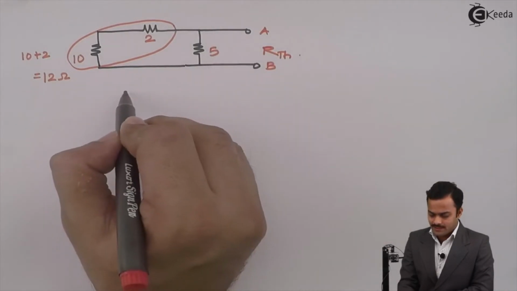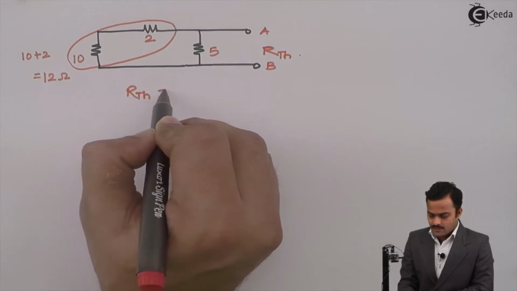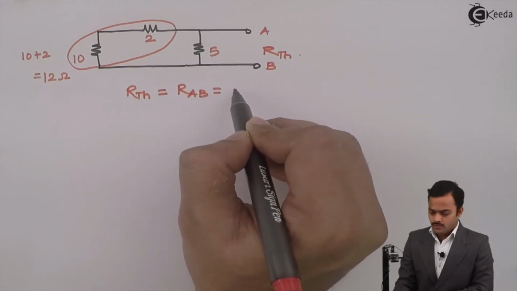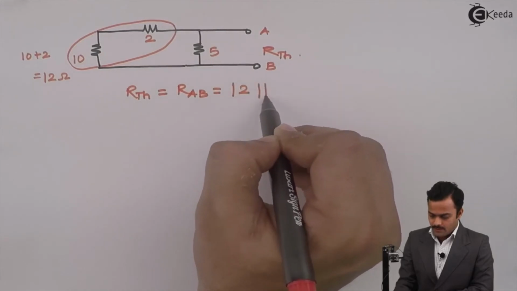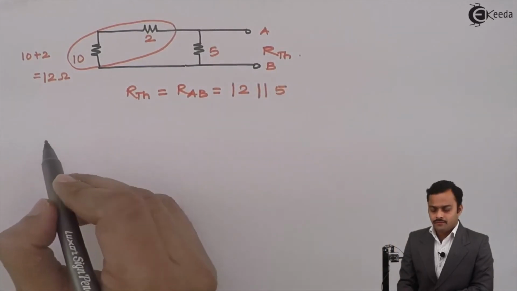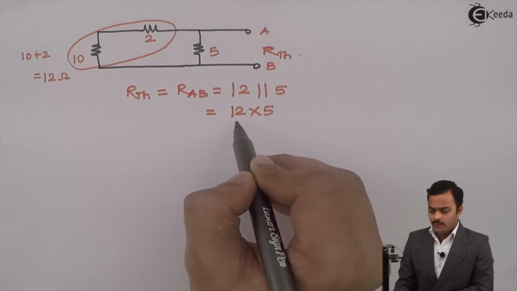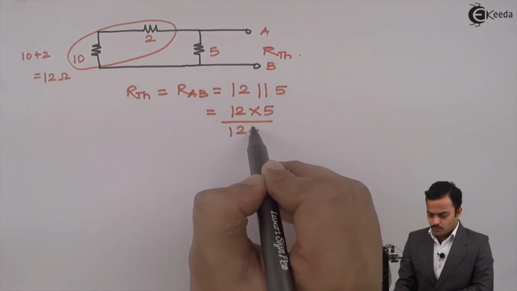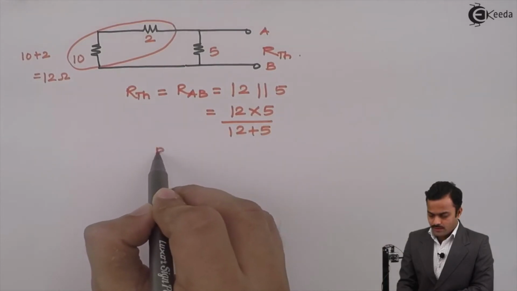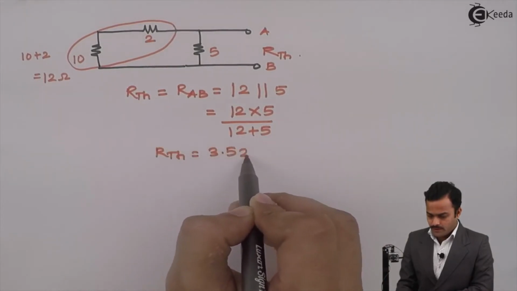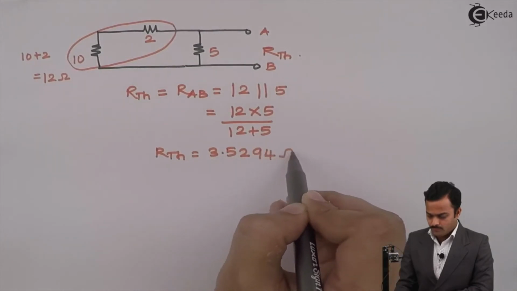So I will write it directly, RTH, which is nothing but RAB, equal to 12 parallel 5. It is the multiplication of the two resistances divided by the addition of the two. So RTH I will get 3.5294 ohm.